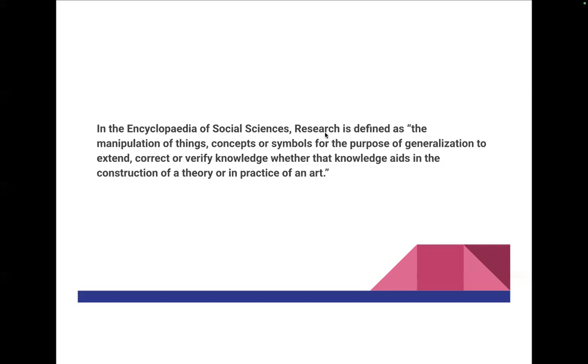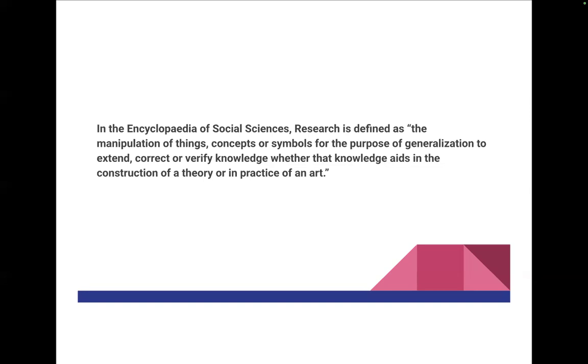It is the way by which you can manipulate things, concepts, symbols for the purpose of generalization. Generalization means, suppose you know something is true for some specific conditions only. That is known as specific.